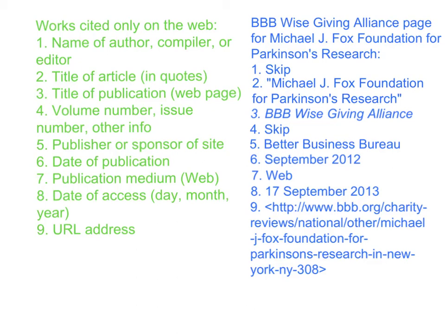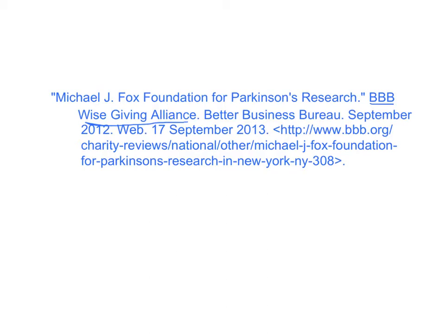So here's what this should look like if I've done my job correctly. When I plug in all the information that I've compiled, here's what I have. I don't have an author name, I just have the name of my article, the name of the web page, the name of the sponsor of the website, the date of its publication, the media form, that it's not a print source, it's electronic, from the internet, the date I accessed it, and then the actual web address if anyone else wants to look at it.